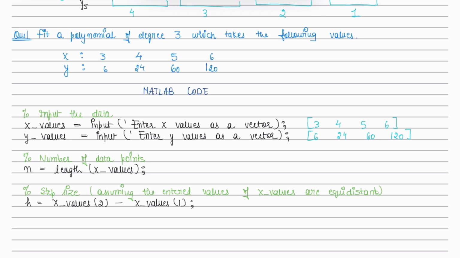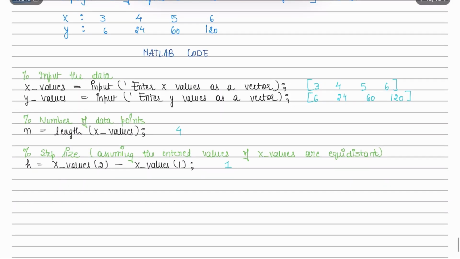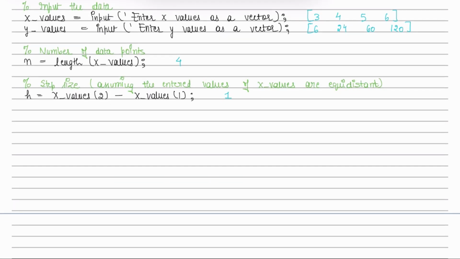When the code will run, the value of n will here be 4 and the value of h will be 1.